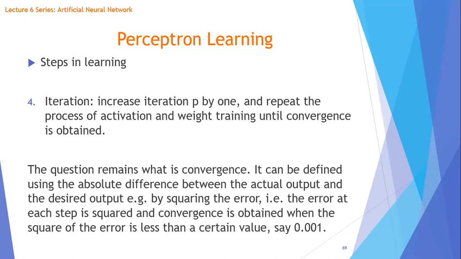Now the question remains, what is convergence? When do we stop this iterative step of updating your weights and threshold? There are many ways you can do that, and one common way is to look at error, because for every iteration you're doing, you're getting an error, and over one epoch you can calculate a summation of error for the whole training set, or you can look at individual errors.